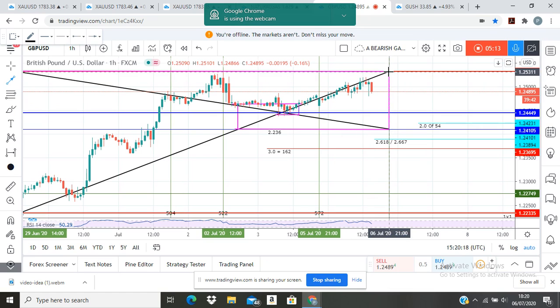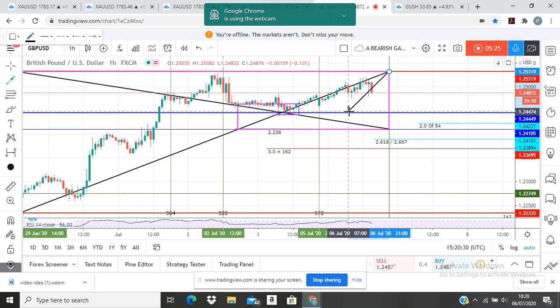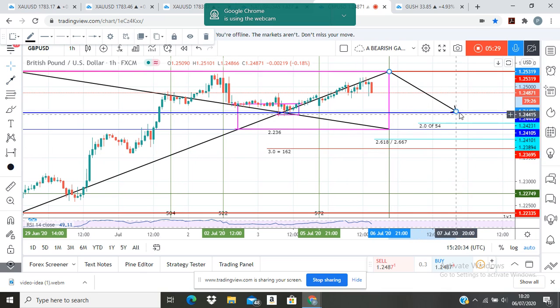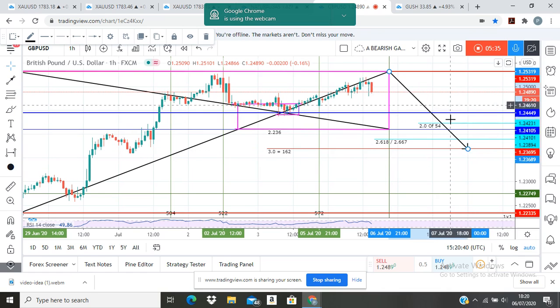So the spiral ends here. If we will enter any trade, we enter from the end of the spiral here. So we enter first targeting this down center of the spiral here. We target here. Then if it breaks through, we can target down any of these levels here.